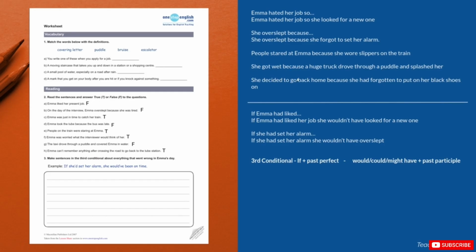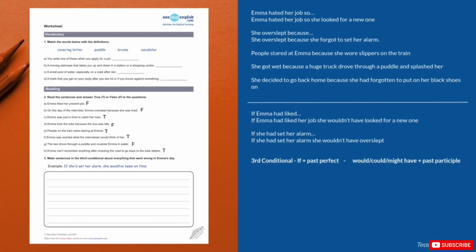Change these sentences into the third conditional. If, past perfect, would, could, might have, plus past participle. 1, 2, 3, change into the third conditional. 5 minutes, go. And that's it.